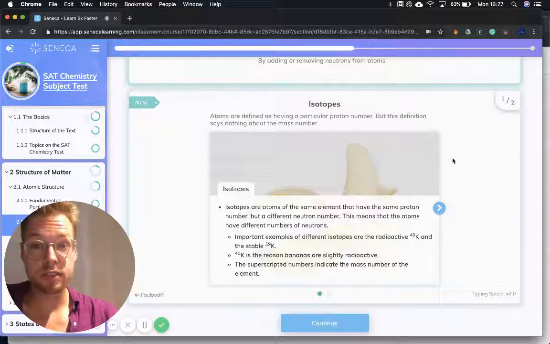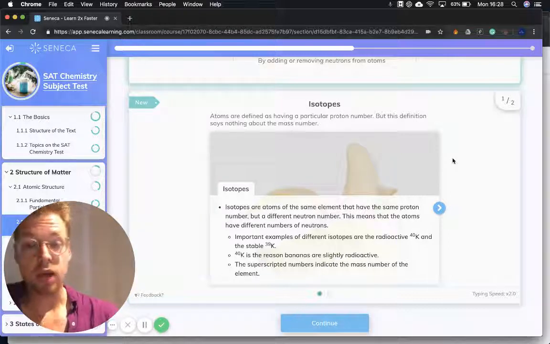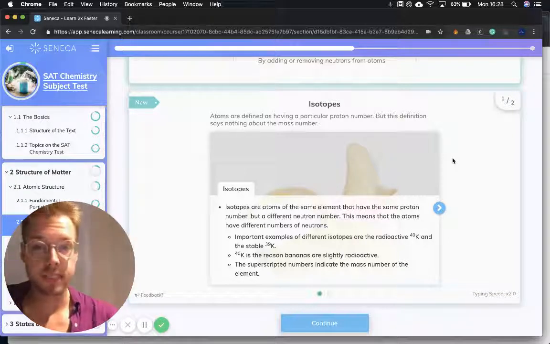Atoms are defined as having a particular proton number, but plot twist, this definition says nothing about the mass number. Isotopes are atoms of the same element that have the same proton number but a different neutron number.